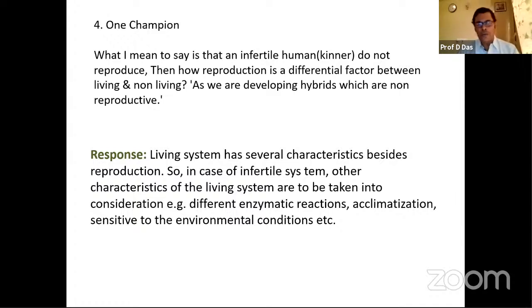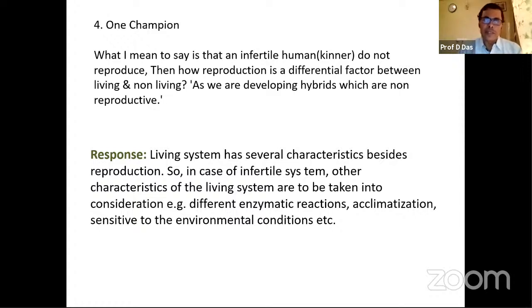In addition to reproduction, they are very sensitive to the environment and have the acclimatization property. Every living system should also discharge some kind of waste product. So these are the different characteristics. If one characteristic is absent, other characteristics should be present in the system. That is what I want to conclude.